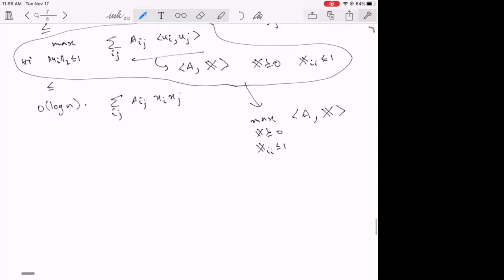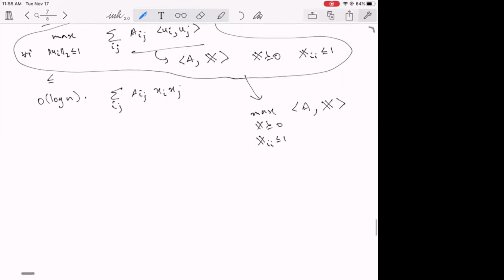And the main and only idea here is that the multivariate Gaussian distribution is uniquely given by the first two moments. So what do I mean by that?